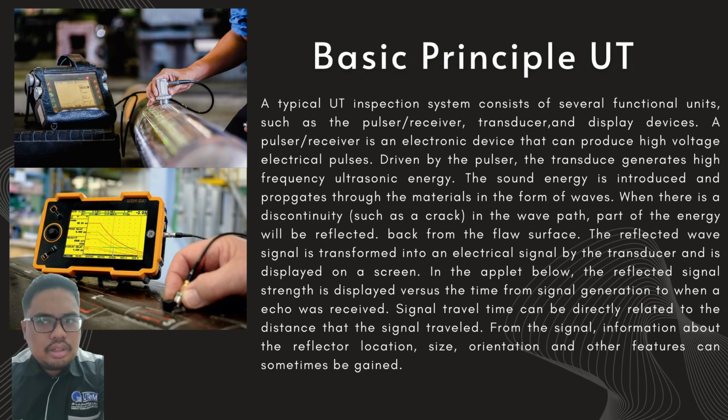In the applet below, the reflected signal strength is displayed versus time, from the signal generation to when the echo was received. Signal travel time can be directly related to the distance that the signal travels. From the signal, information about the reflector location, size, orientation and other features can sometimes be gained.